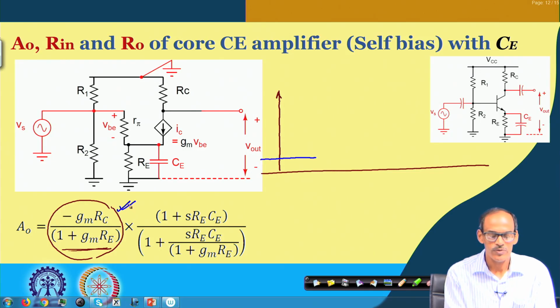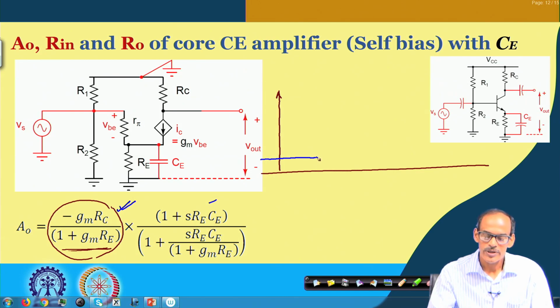This comes from this part, and then we have one 0 here. Once it has a 0, its frequency dependent part changes and it will be linearly increasing.